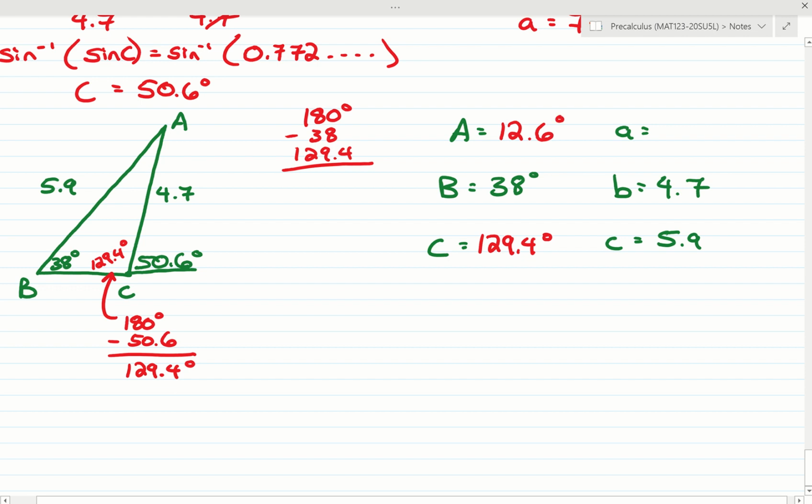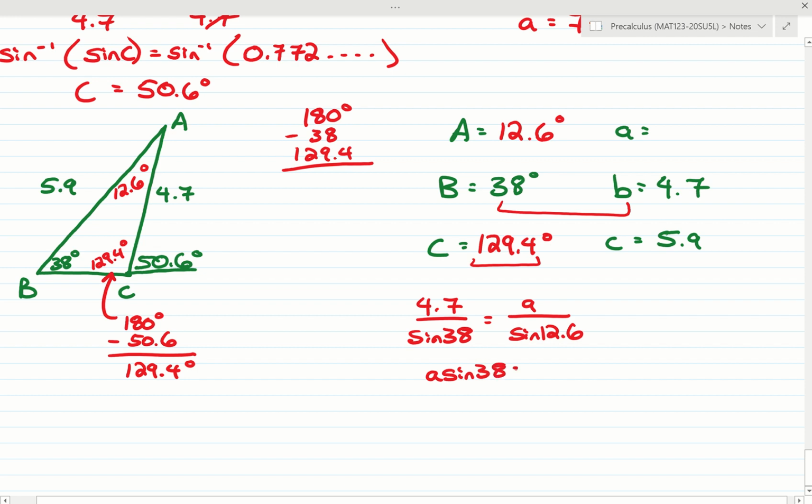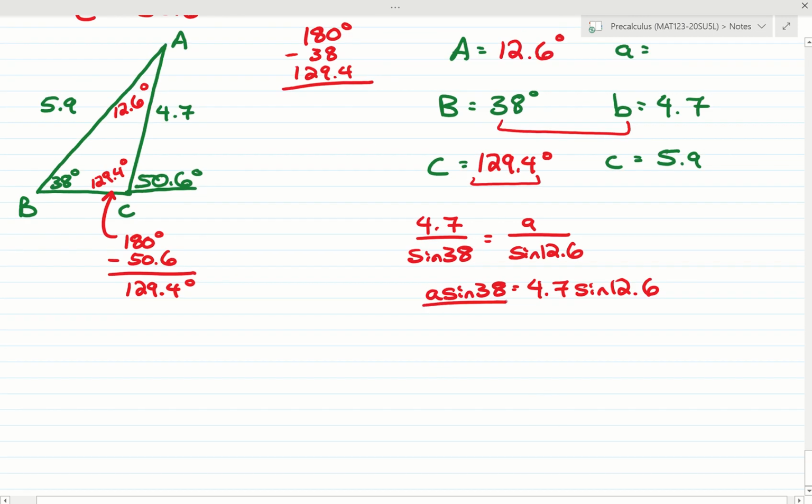So now we could use law of sines to finish this. We have a full fraction with the b's. I don't want to use this because it's rounded. So I'll set it up 4.7 over the sine of 38 is equal to side A over the sine of 12.6. Cross multiplying, we get A times the sine of 38 is equal to 4.7 times the sine of 12.6. Let's divide both sides by the sine of 38 to get A by itself.